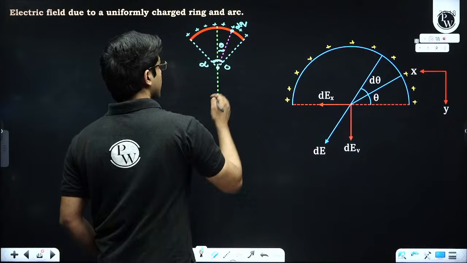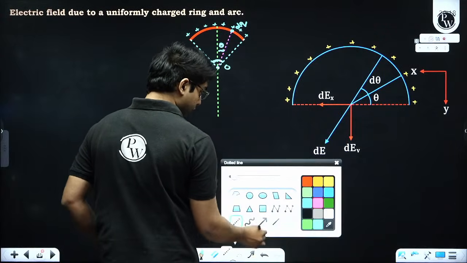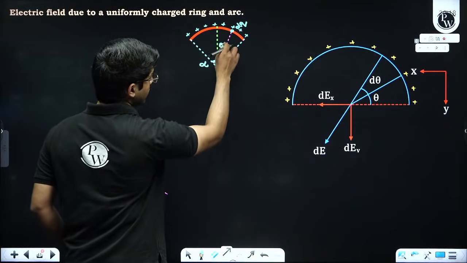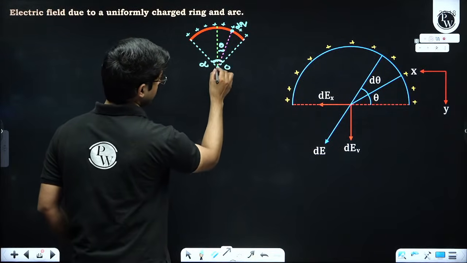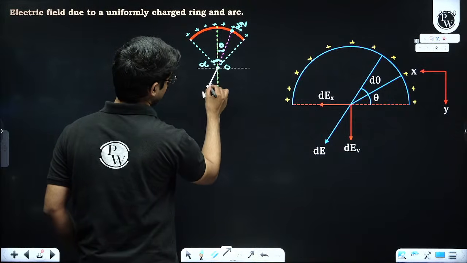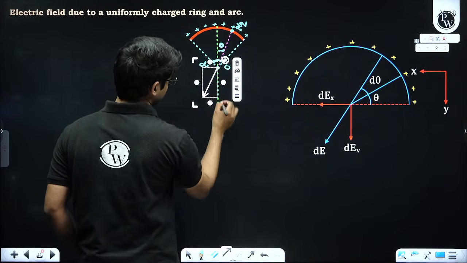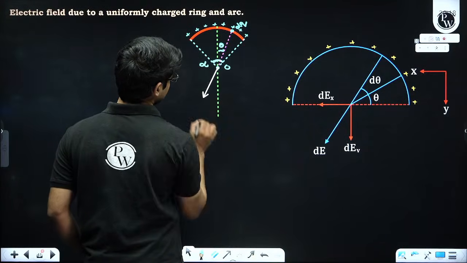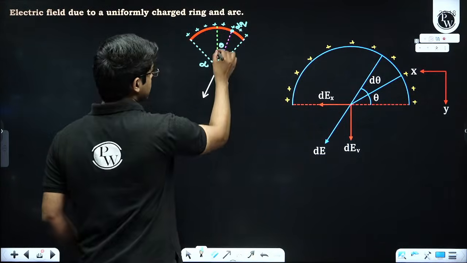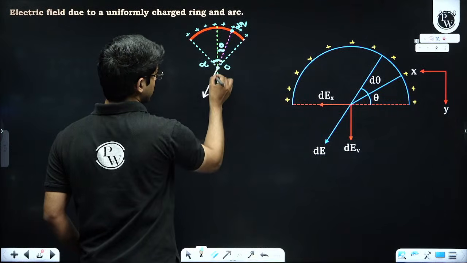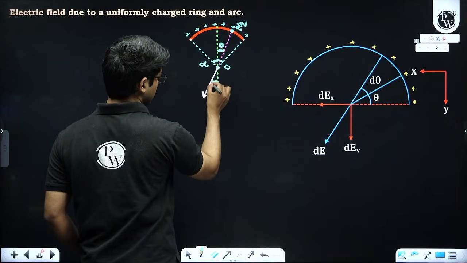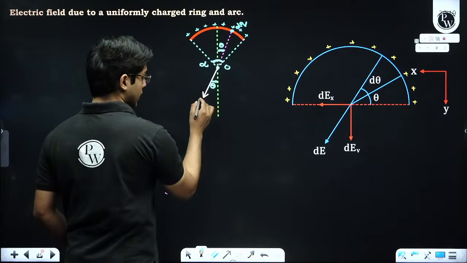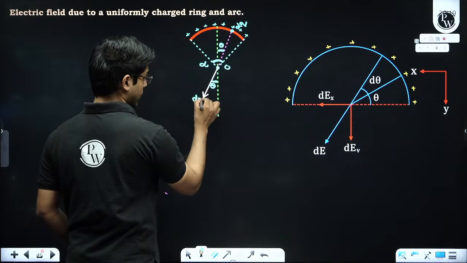Then the field due to this dq will be along this purple line. So just extend it down. If this angle is theta, this angle will also be theta. And because this is a very tiny charge, I'm going to call this a very tiny field, dE.